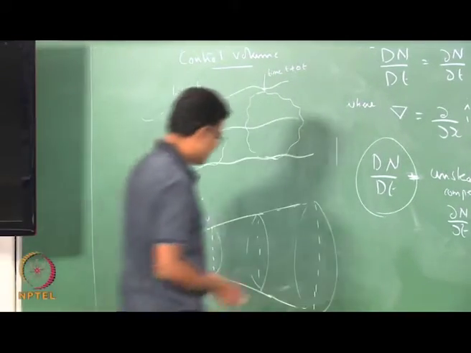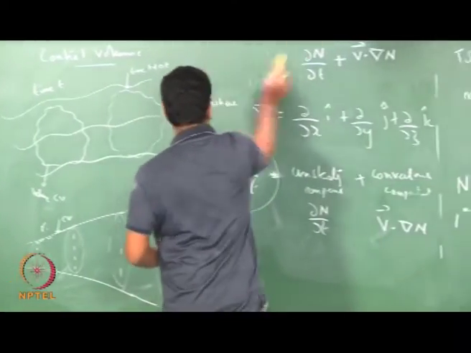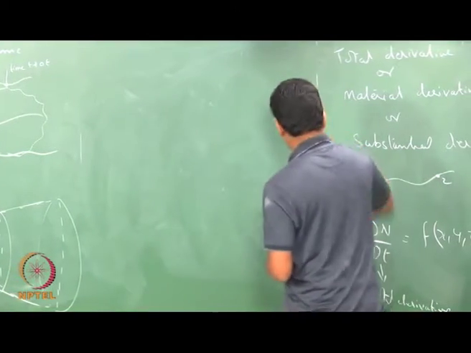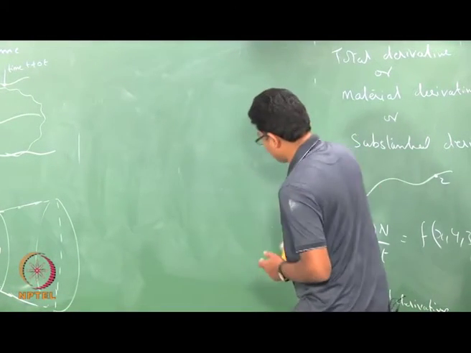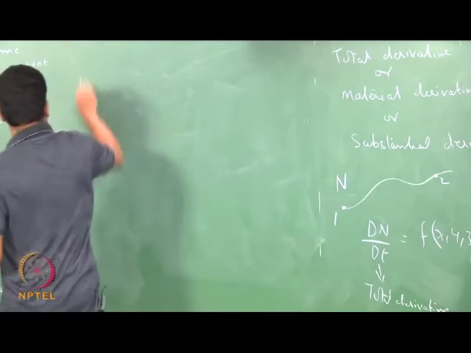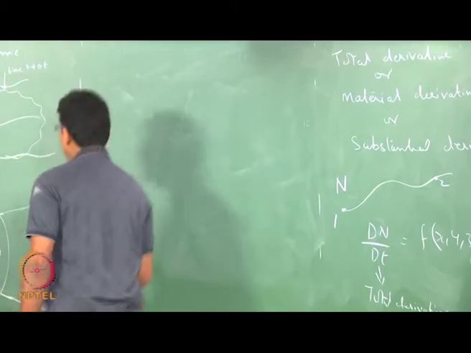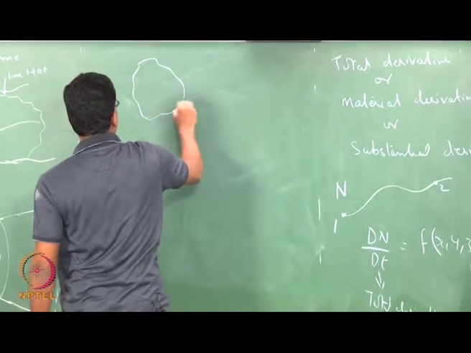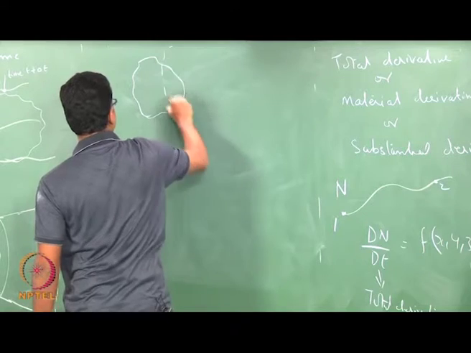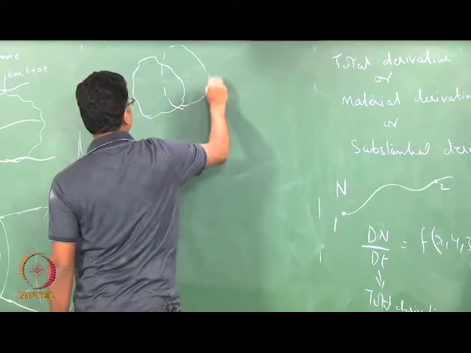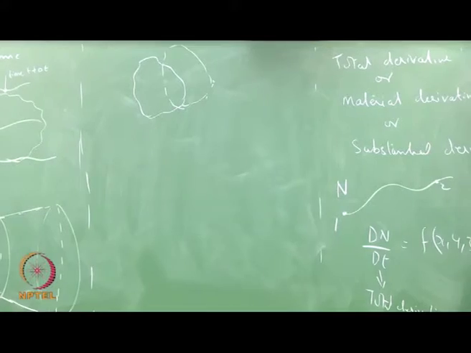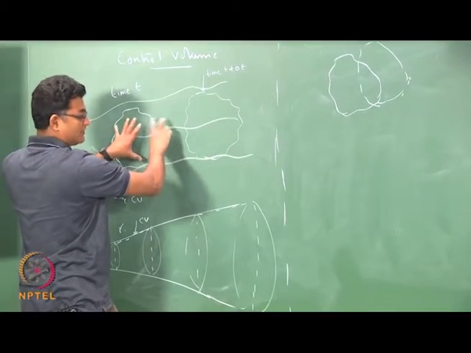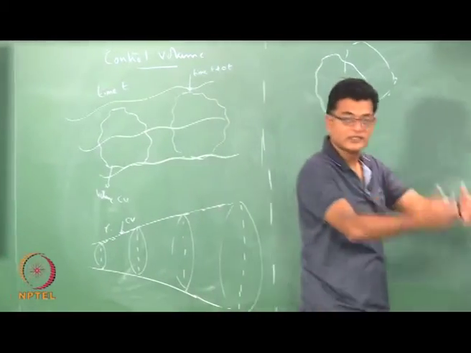Now, we are going to look at a time where this delta t is small. If delta t is small, my arbitrary control volume would have moved a distance in such a way that there is an overlap of region. So, if delta t is very small, this control volume would have moved a little bit and that will overlap with the other volume.